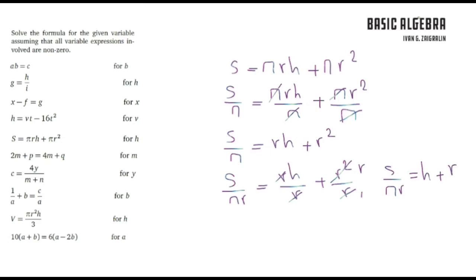And finally, we should subtract r from each side. So S over pi r minus r equals h plus r minus r. So this r goes with this negative r, and finally h equals S over pi r minus r.